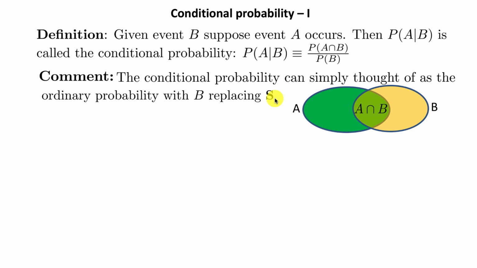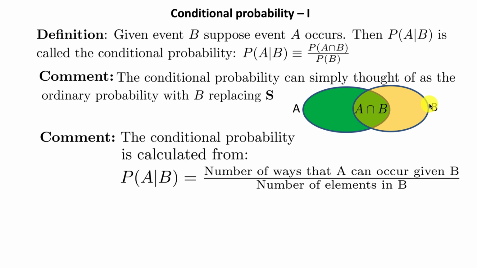In terms of a Venn diagram, here's how to look at it. Here is the set B. This is the intersection of the set A with B. So clearly, A intersection B must lie within B and also must be an element of A. So we are asking for the probability of events that lie within this part over here, and then divide by the probability of events that lie within B. Or we can put it this way.